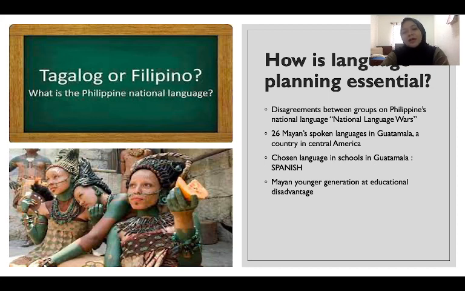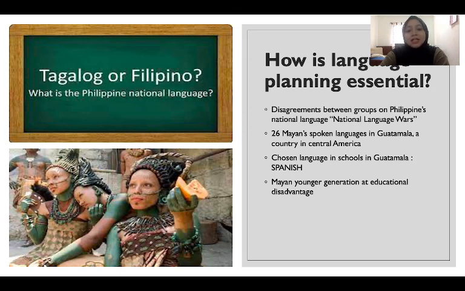Another effect of failing to follow the language planning steps is, for example, in Guatemala, a country in Central America. In Guatemala, there's a community, the Mayan community, and they have 26 Mayan spoken languages. Okay, they have 26.